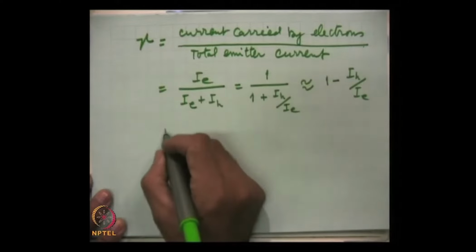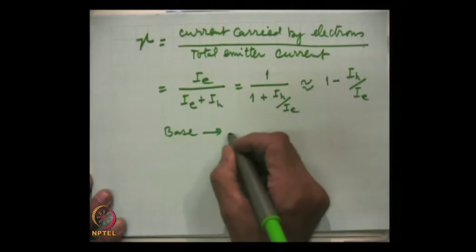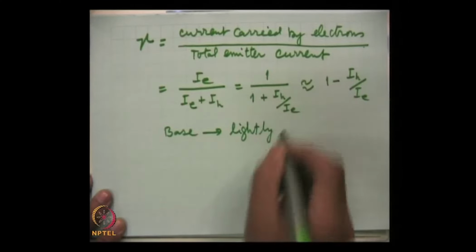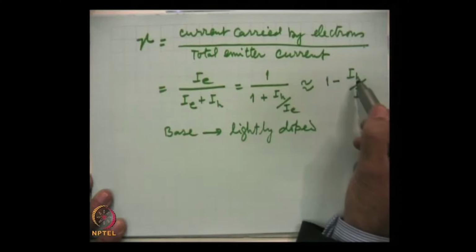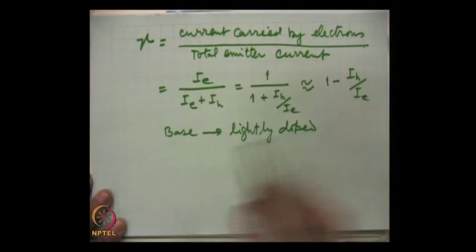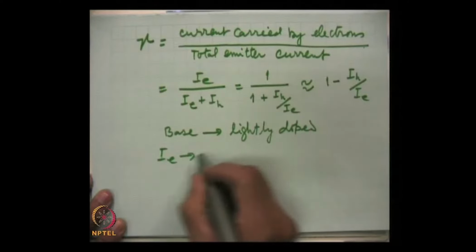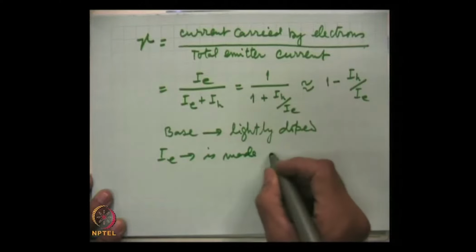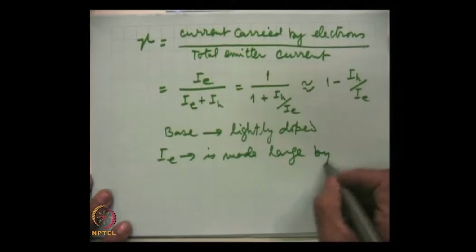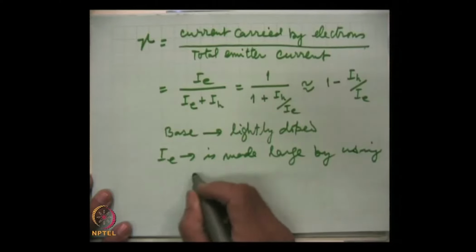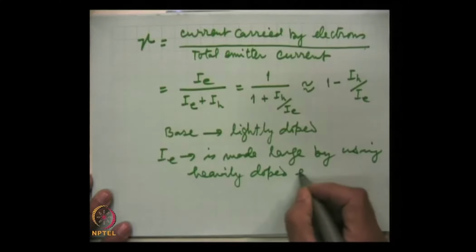So, base we keep lightly doped, very lightly doped, that will reduce this whole contribution to the current, and Ie is made large by using heavily doped emitter.